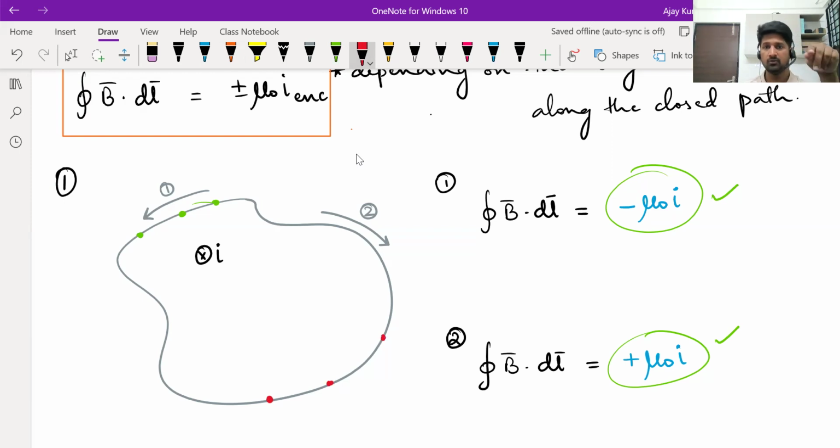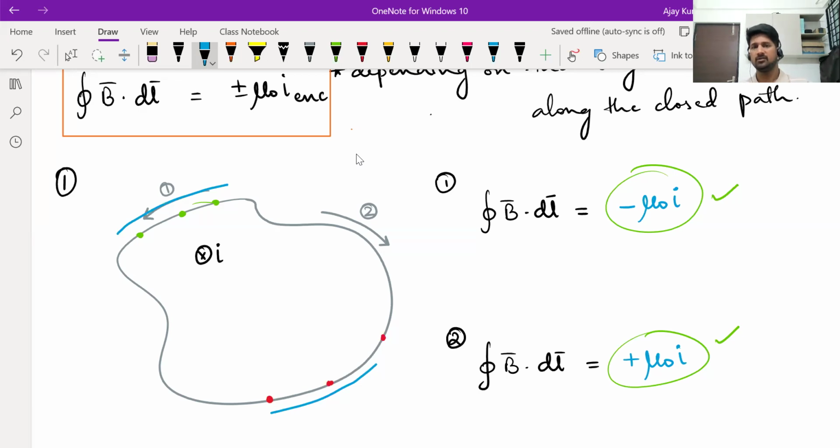So now if you do integral B dot dl over, let's say, 5 centimeters here and 5 centimeters here, will the result be the same? If you do integral B dot dl over a certain length on that side and over the same length on this side, will the integrals be the same? That's the question. No, sir.